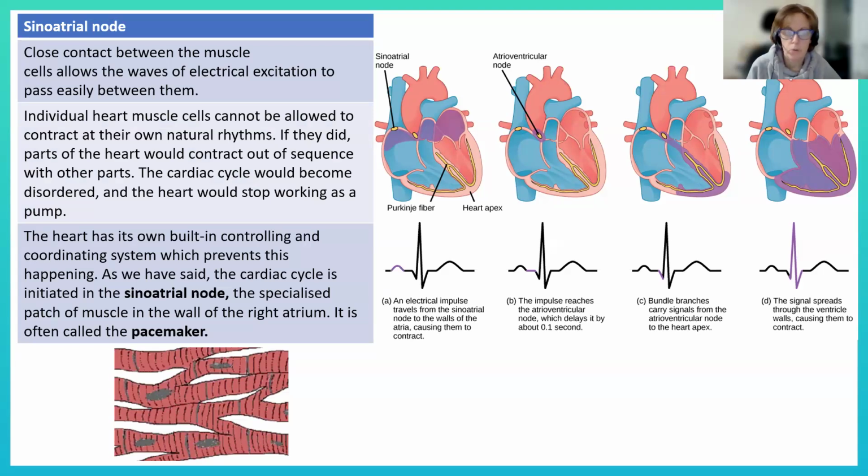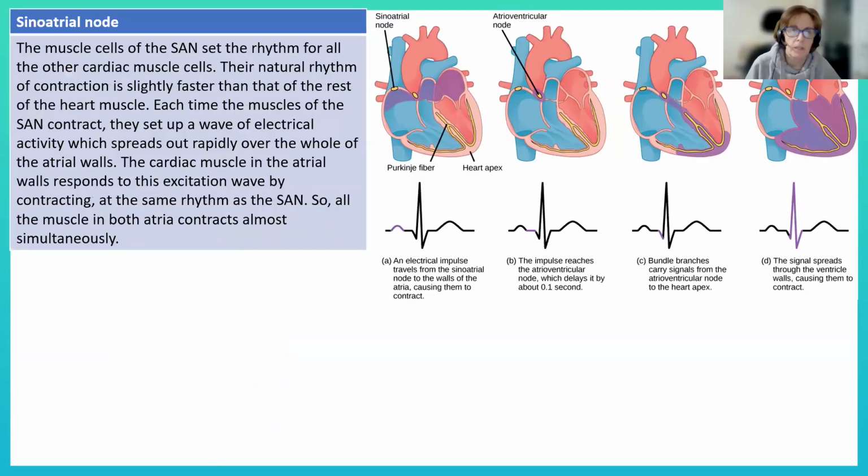And this is one of the very special roles of the SA node: these specialized cells act as a pacemaker. Along with the other cells to which they're connected, the fibres, the SA node regulates the beat of the heart. So the muscle cells of the SA node set the rhythm for all of the other cardiac muscles.